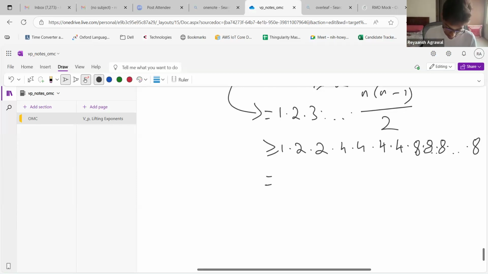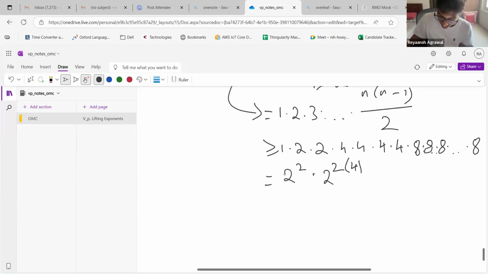So, okay, fine, I'll just go ahead and say it. This is 2 square into 2, 2, 3, n square minus n minus 12.